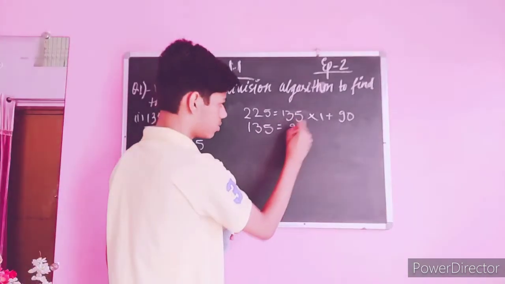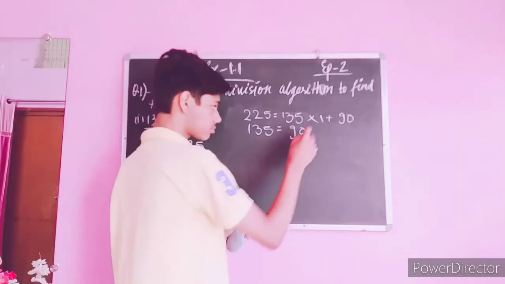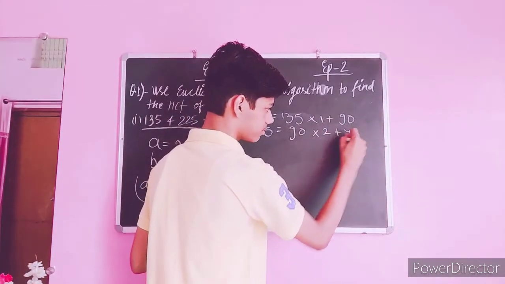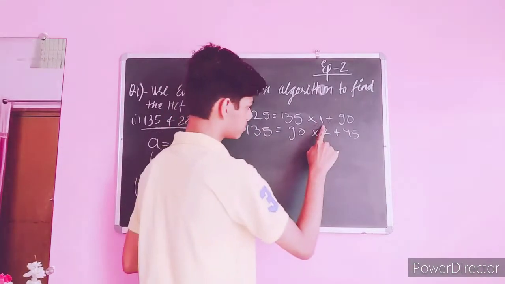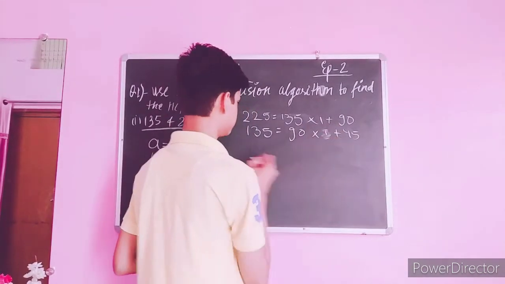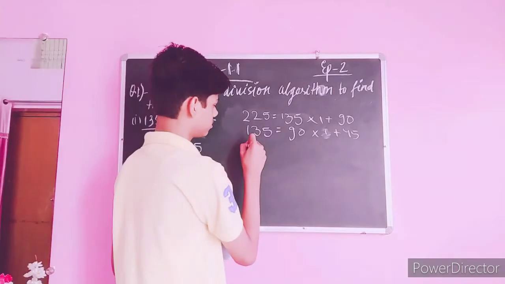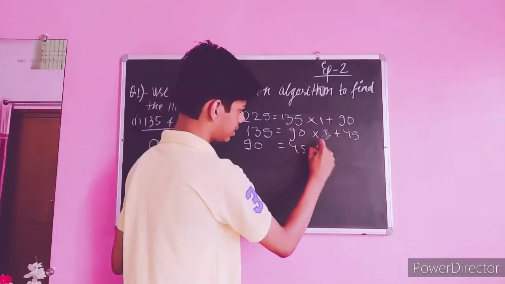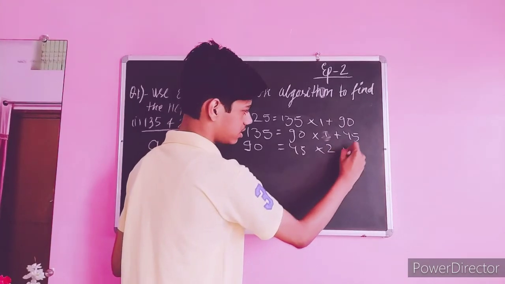Okay, now 135 is equal to 90 into 1 plus 45, and 90 is equal to 45 into 2 plus 0.